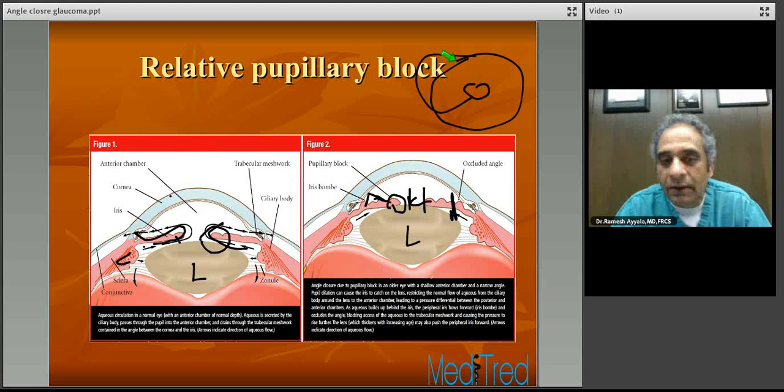On the other hand, if you use a cycloplegic agent such as cyclogel and make the pupil big, like say 10 millimeters, and you bring the pupil to this position here, then also you will be able to break the attack of an angle closure glaucoma.